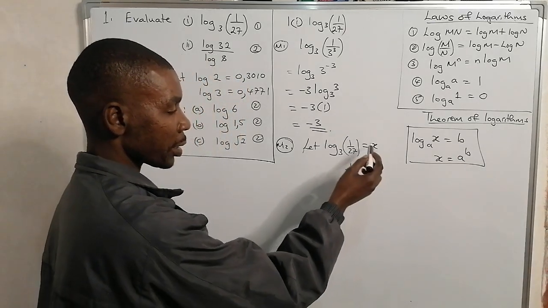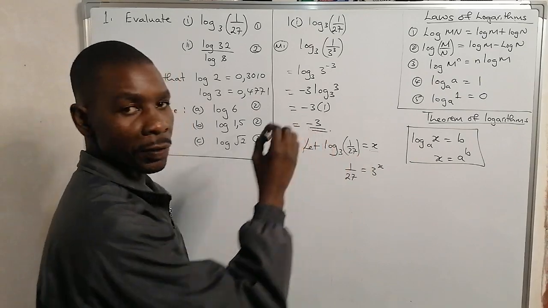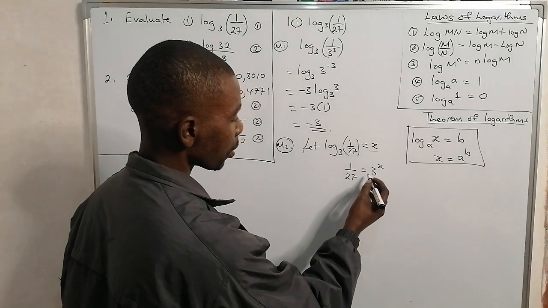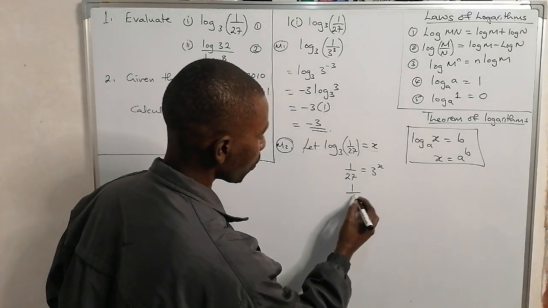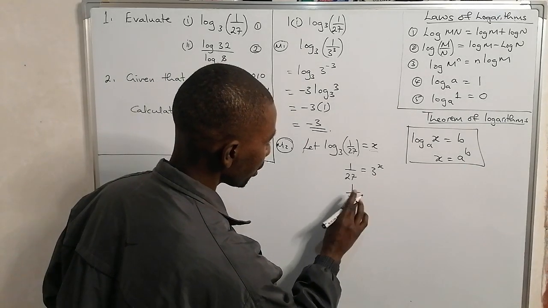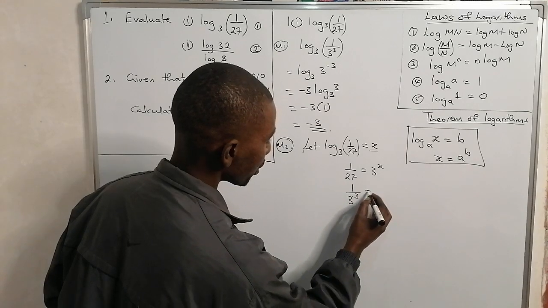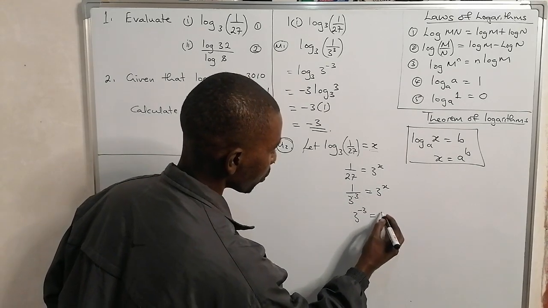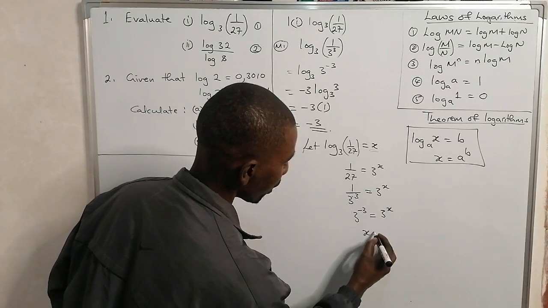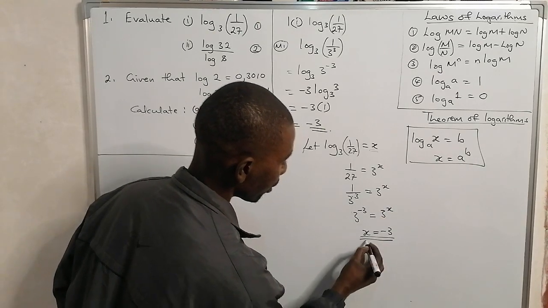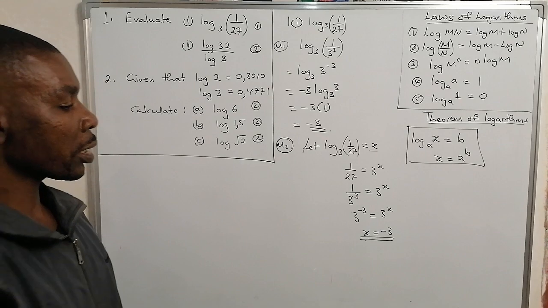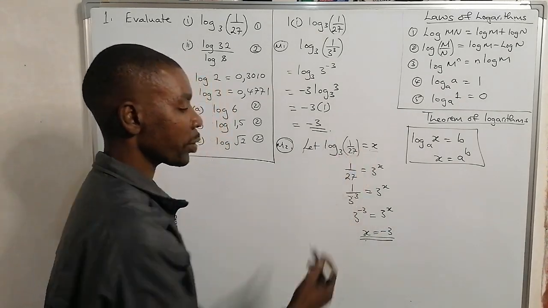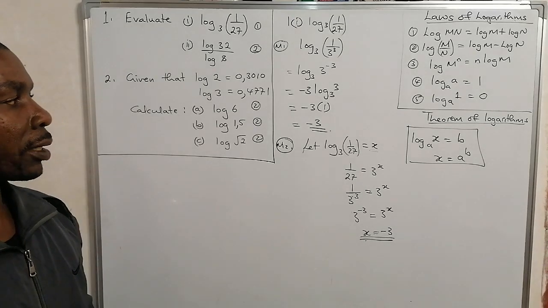So 1 over 3 to the power 3 is equal to 3 to the power x. Then 3 to the power minus 3 is equal to 3 to the power x. Therefore, x equals negative 3. That's the second method. So, since x is negative 3, this logarithm is equal to negative 3.